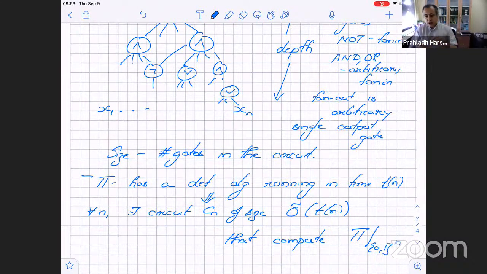That is, you can just take the algorithm, go into the belly of the algorithm and find out what circuit it computes, and that circuit will have so many gates. Each gate corresponds to a step taken by the algorithm. This is not hard to see.